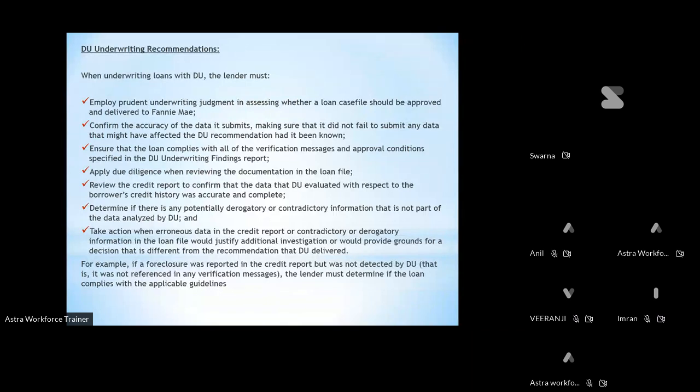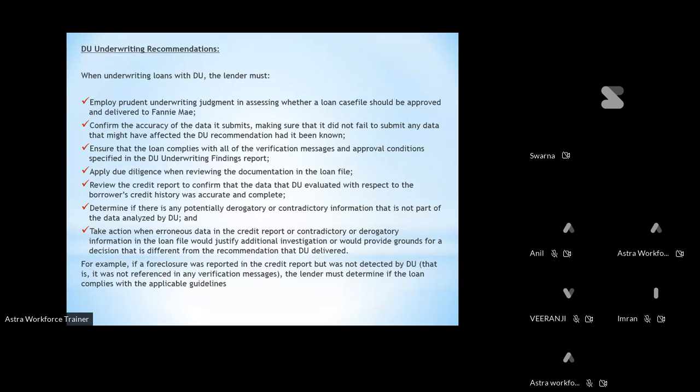And take action when erroneous data in the credit report, or contradictory or derogatory information in the loan file, would justify additional investigation or would provide grounds for a decision that is different from the recommendation that DU delivered.